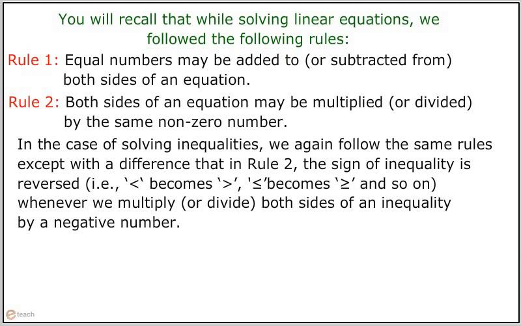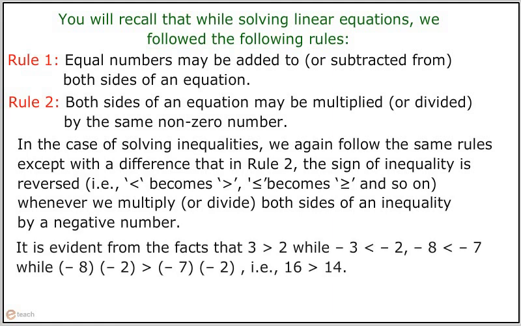Whenever we multiply or divide both sides of an inequality by a negative number, it is evident from the facts that 3 is greater than 2, while minus 3 is less than minus 2. Minus 8 is less than minus 7, while minus 8 into minus 2 is greater than minus 7 into minus 2. That is, 16 is greater than 14.